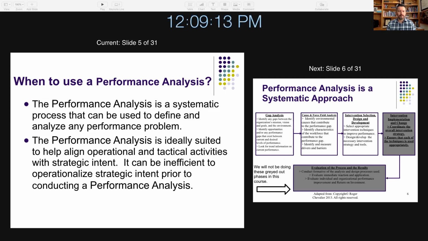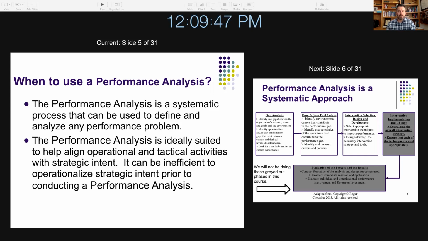And it's also systemic, systemic being that it's trying to encompass all things that could be affecting the particular performance. It's ideally suited for anything from the tactical level, the operational level, say the cashier at Safeway once again, all the way up to the strategic level.